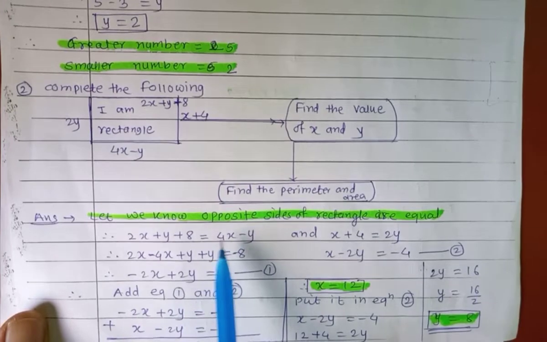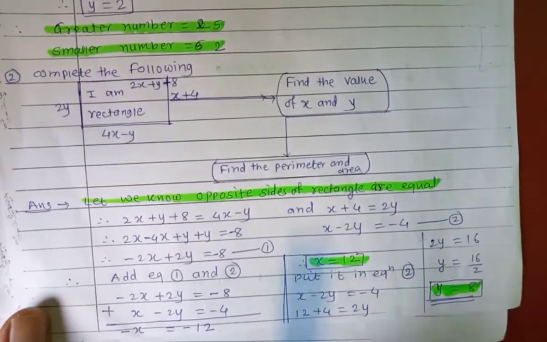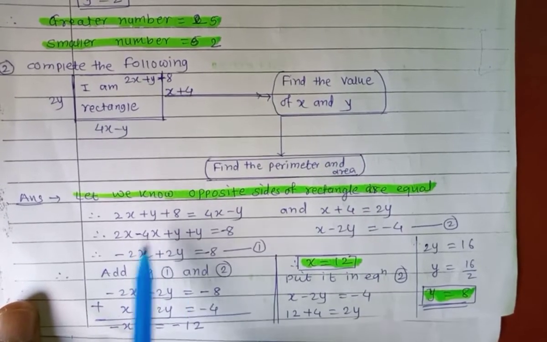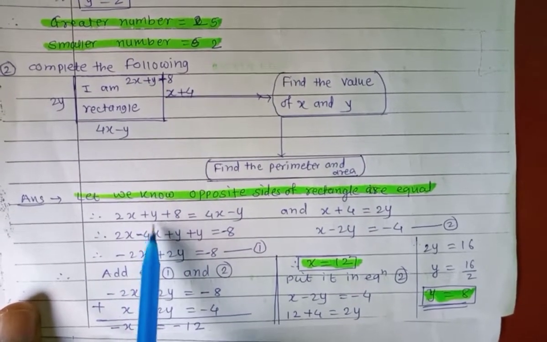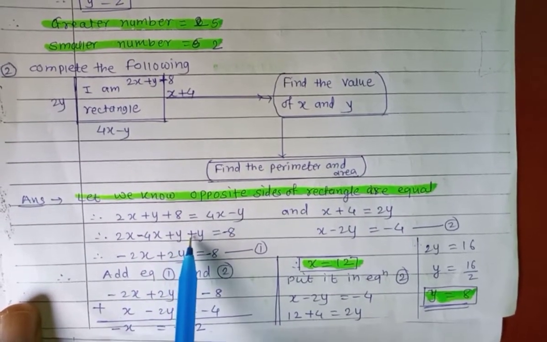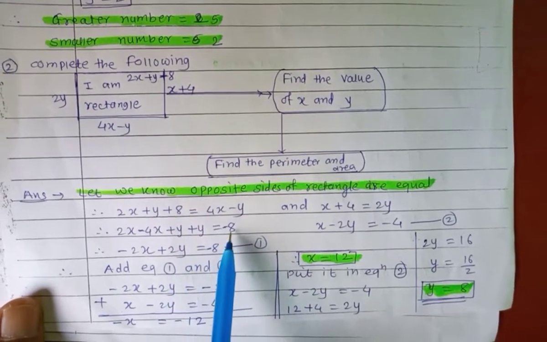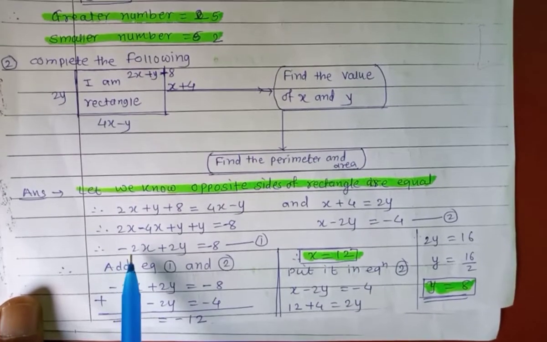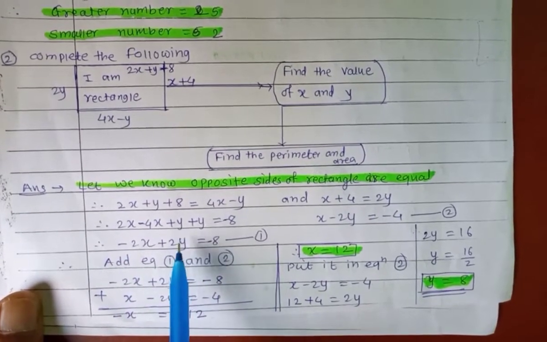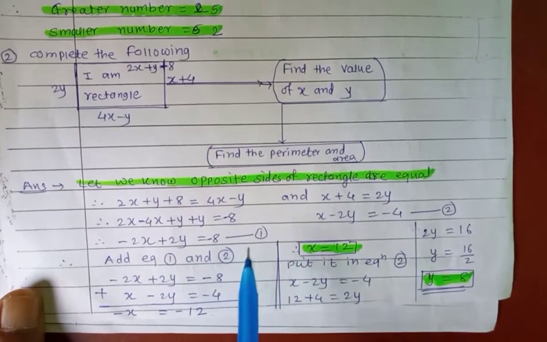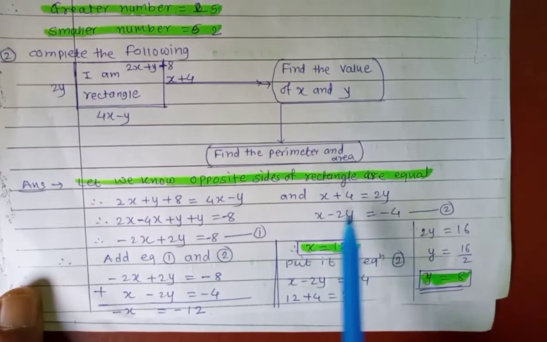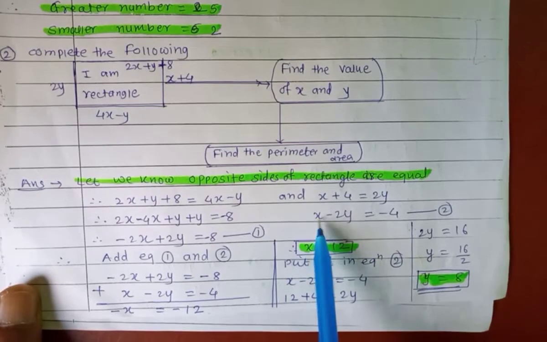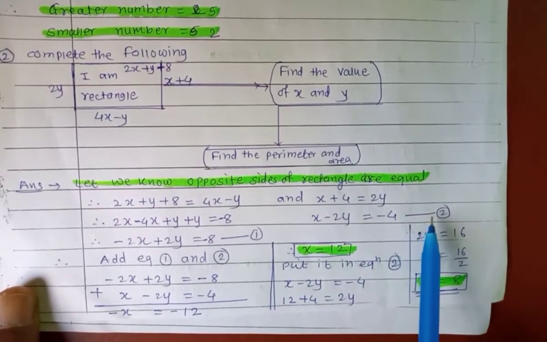From those we have to find two equations. 2x minus 4x becomes minus 2x, plus y minus y becomes plus y, and 8 becomes minus 8, therefore minus 2x plus 2y minus 8 is equation 1. Here 2y is transferred to the LHS and 4 to the RHS, therefore x minus 2y equals minus 4, equation 2.